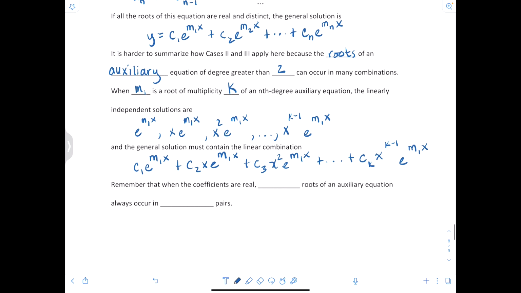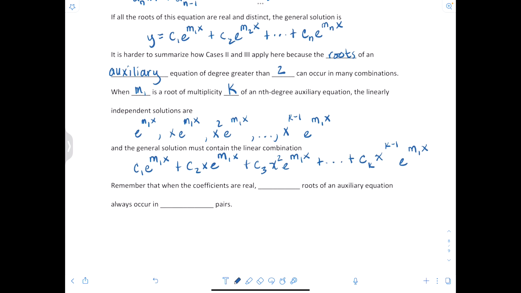Remember that when the coefficients are real, complex roots of an auxiliary equation always occur in conjugate pairs.